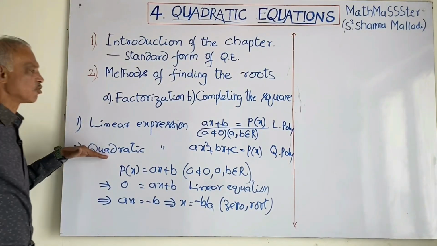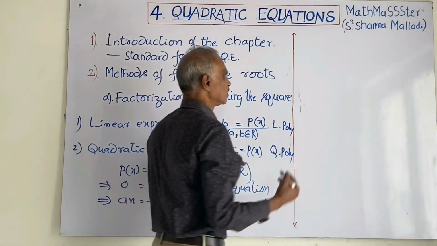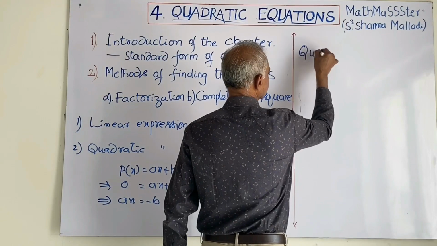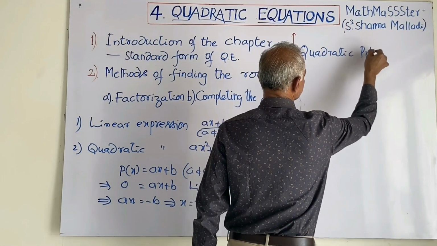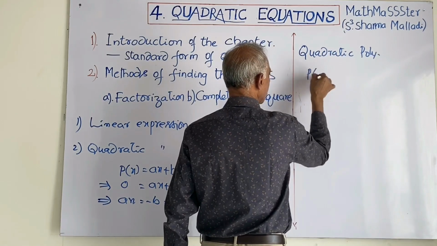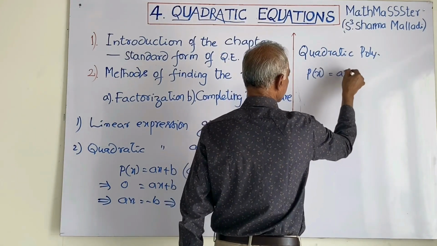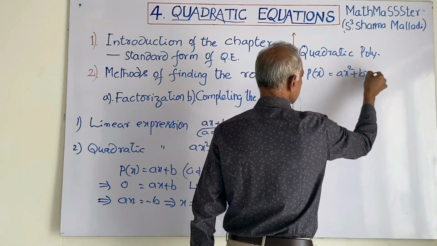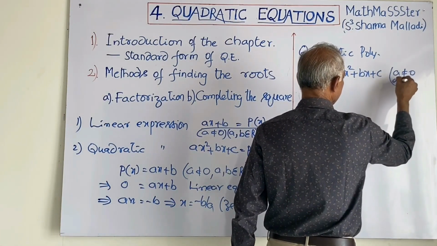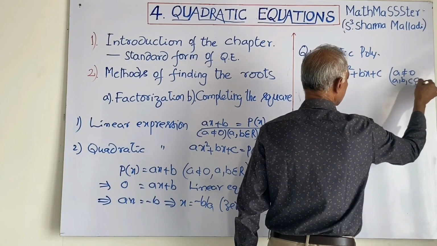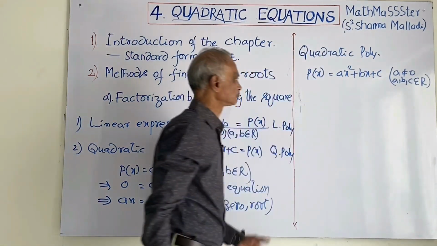Next I will take the quadratic expression, quadratic polynomial. p of x is equal to ax square plus bx plus c, a is not equal to 0, a, b, c are real numbers.